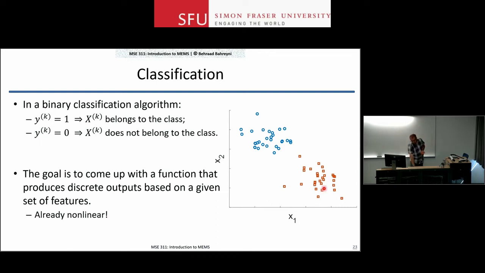Or once you are here, small changes in x1 and x2 do not make a huge difference. You stay in that class. So it's a nonlinear problem. Only two outputs, 0 or 1, yes or no. And we are going to start with this binary classification problem. Obviously, you can have multiple classes, and we will cover them later on. For now, we're going to focus on a binary classification situation.